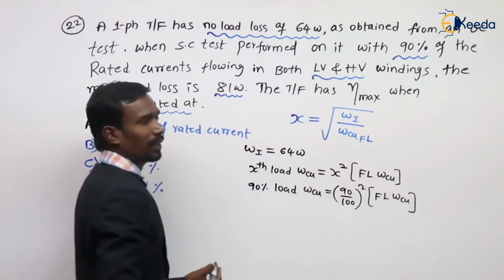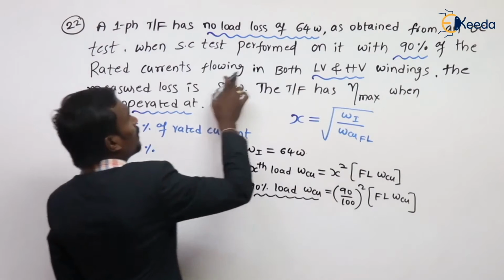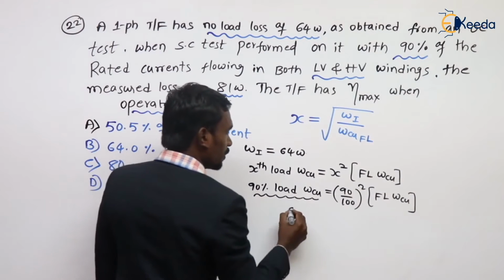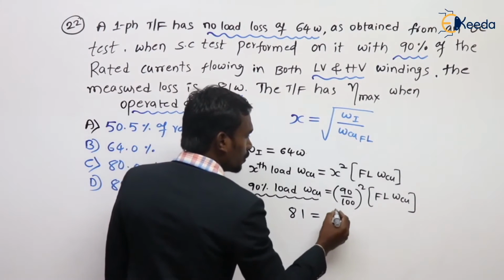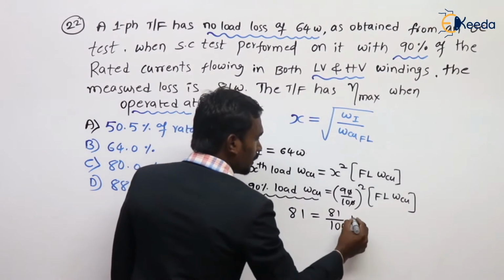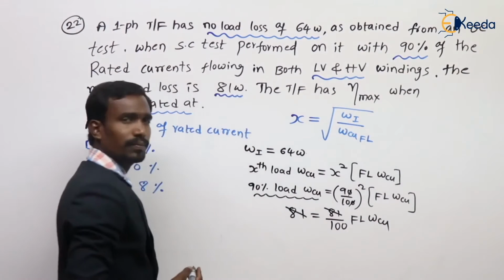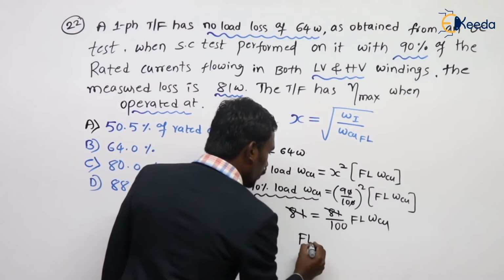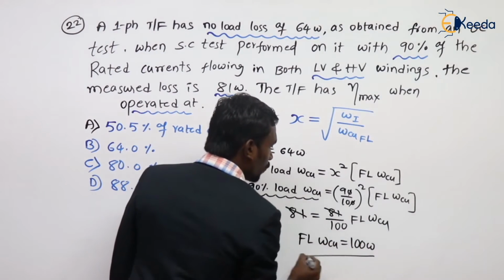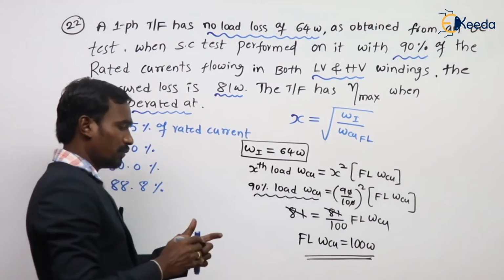We want the full load copper losses. We know the 90% of load copper losses; they have given 81 watts. So substitute here: 81 is equal to 0.9 square, 81 by 100, into full load copper losses. 81 cancelled, so full load copper losses is equal to 100 watts and iron losses is equal to 64 watts.